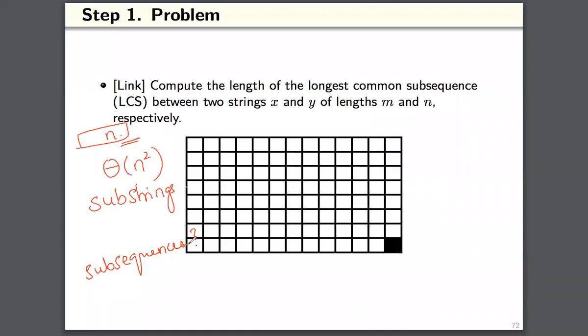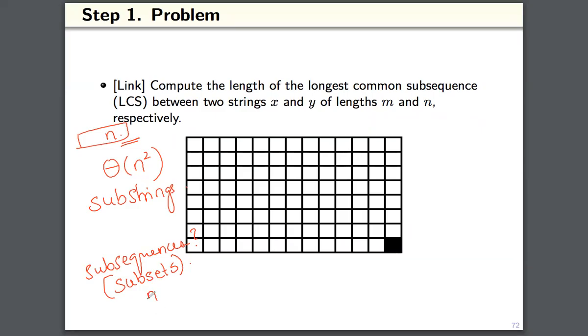And why 2 power n? I said you can pick or you don't pick for any individual character. Very good. So you can pick many types of subsets, right? So subsequences can be mapped to subsets. So how many subsets are there for a given string?